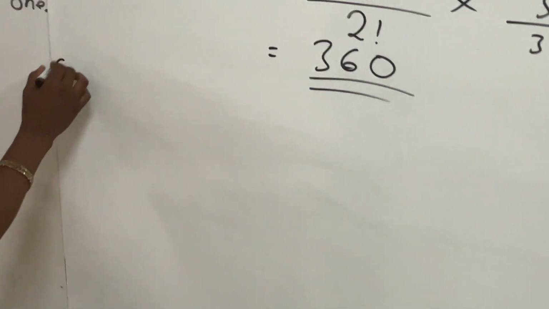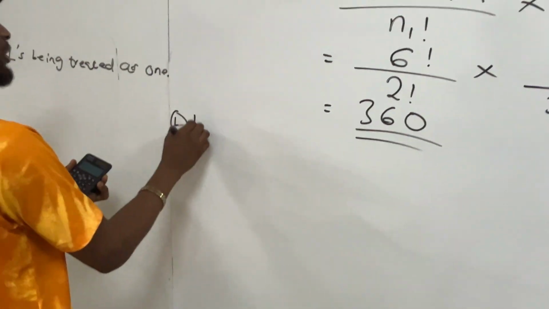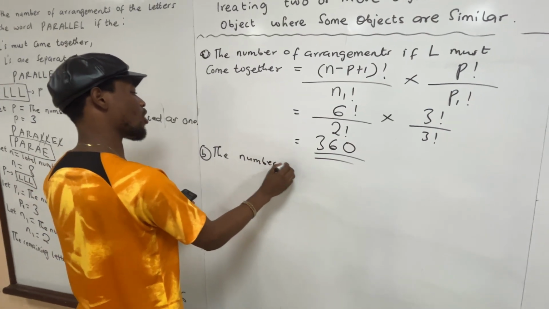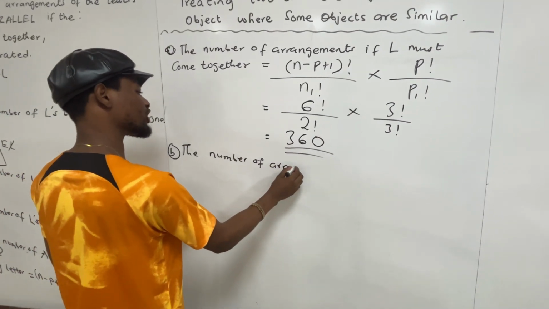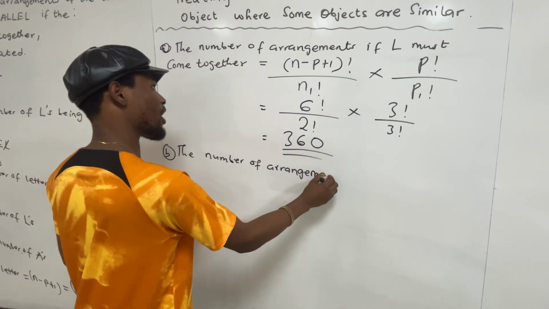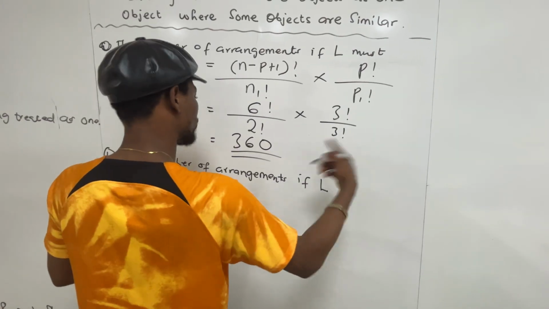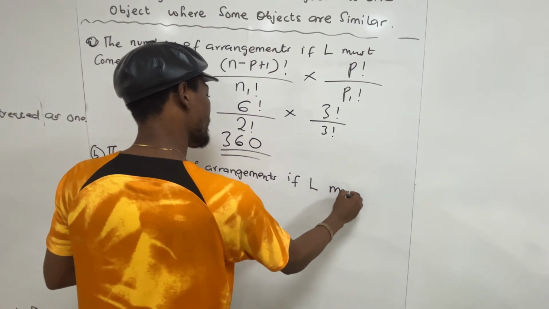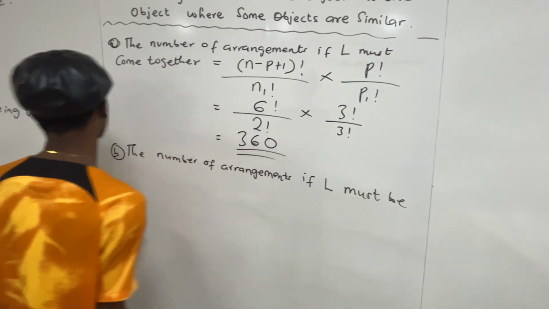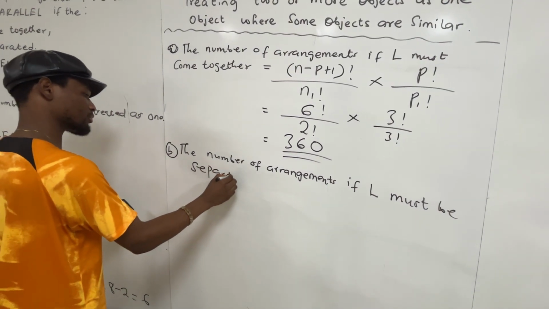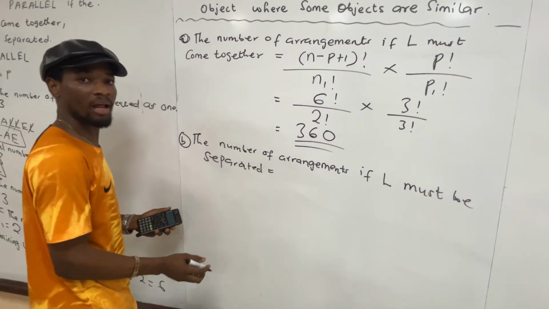And for the B, we have what? The number of arrangements if L must not come together, or if L must be separated, is given by the formula, viewers.